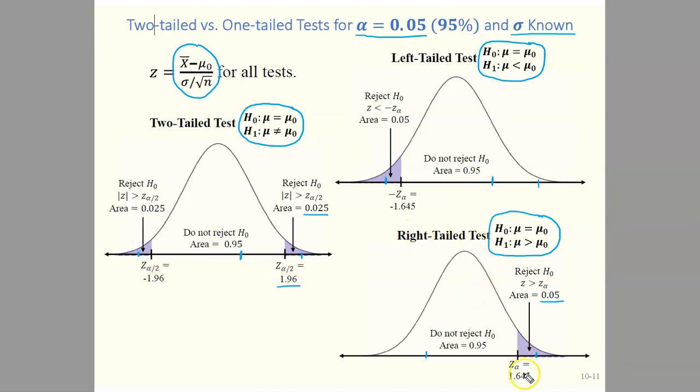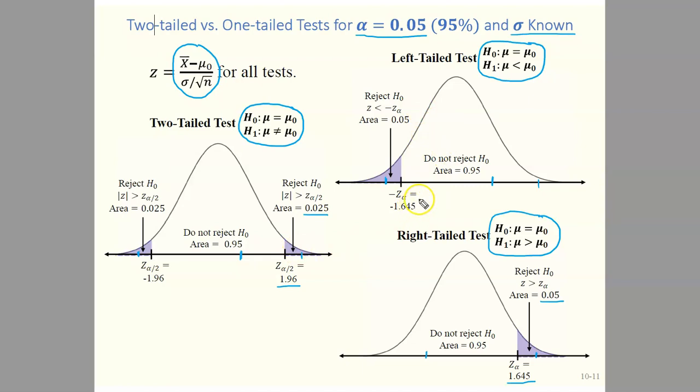For a right-tail test, we only have one critical value, and the z alpha value is 1.645, and that's because we want the area in the right tail here to be 0.05 as opposed to 0.025 for a two-tail test.